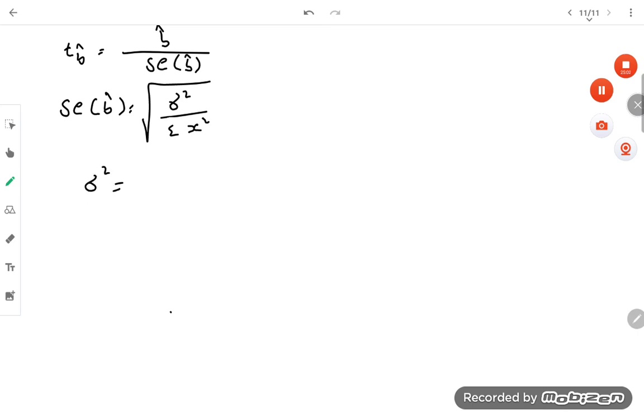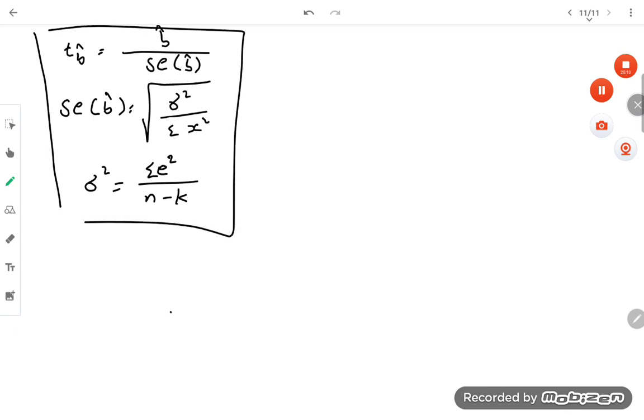Sigma squared is calculated as e squared divided by n minus k. Then we have to take our decision whether the variable has a significant impact or not, or whether we are going to accept H0 or not.